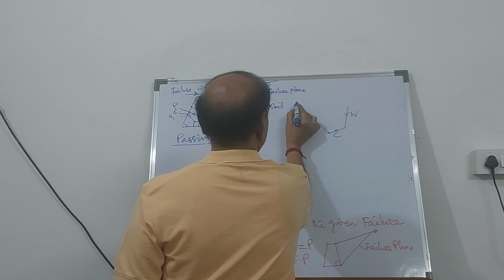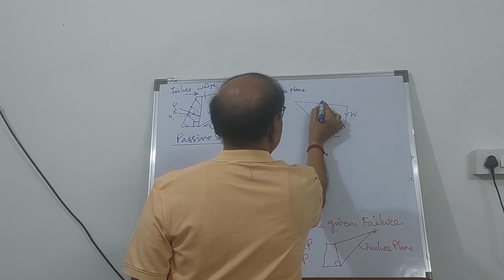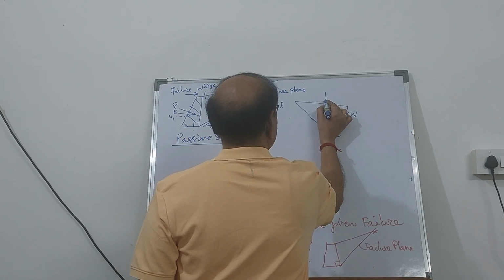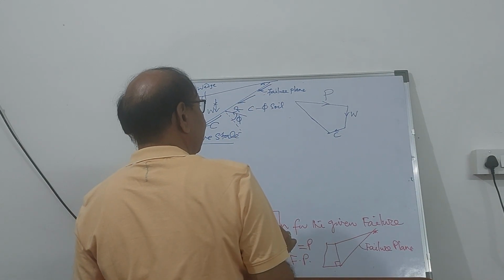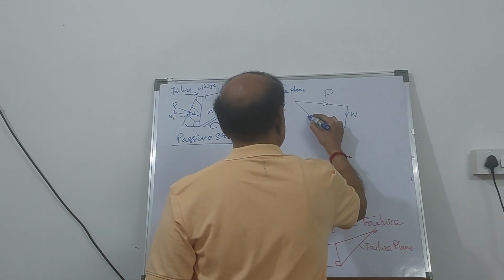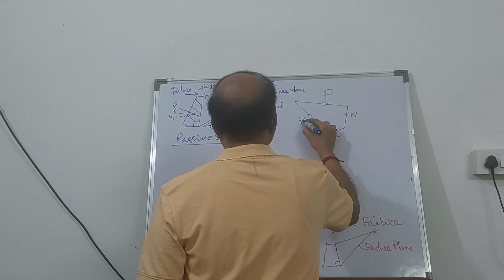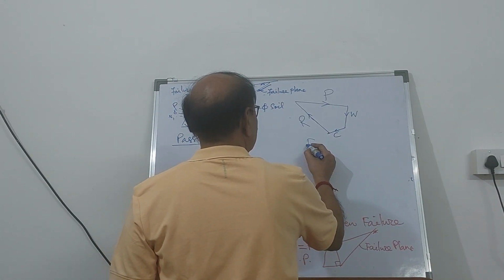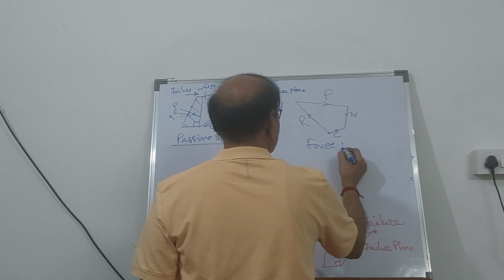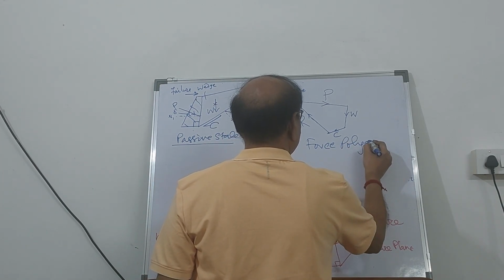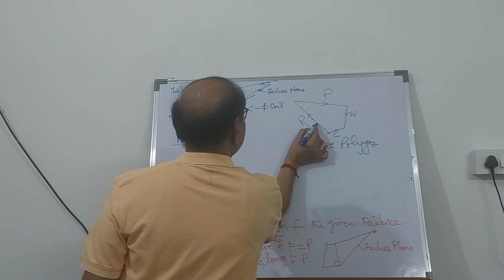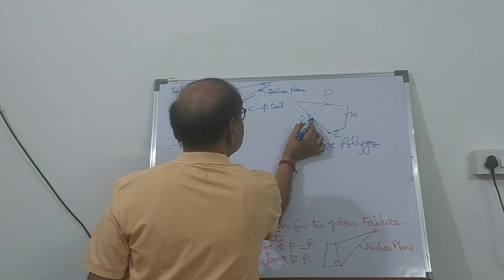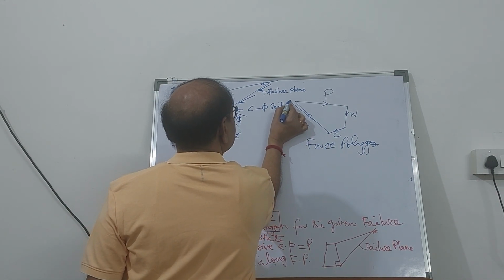So you can draw PA parallel to this, that is the passive force P, and this is parallel to the reaction. So this is the force polygon. This should be parallel to this, like this you should draw.